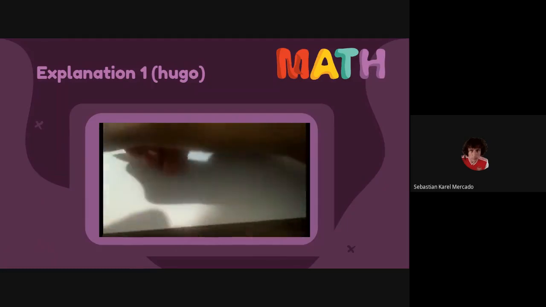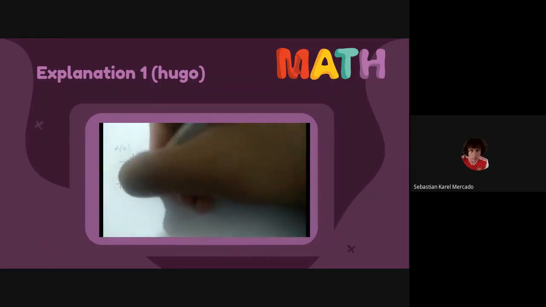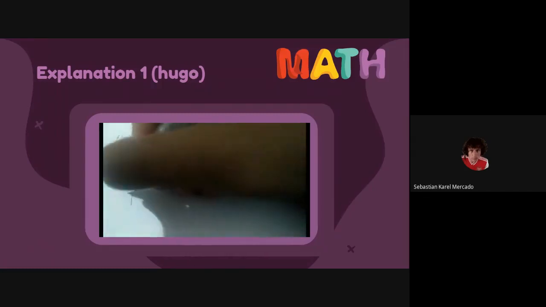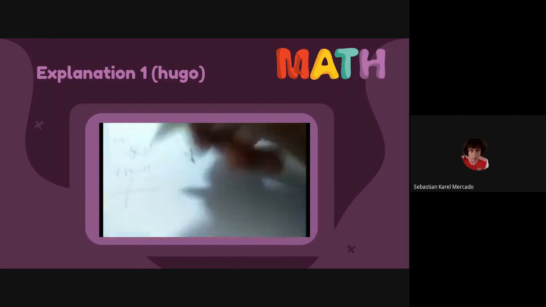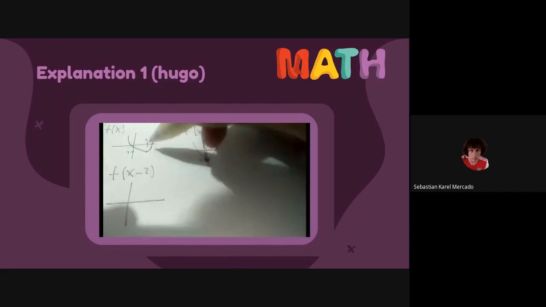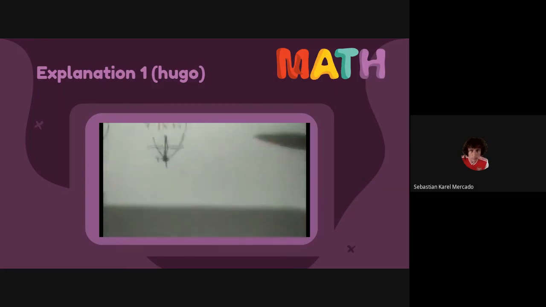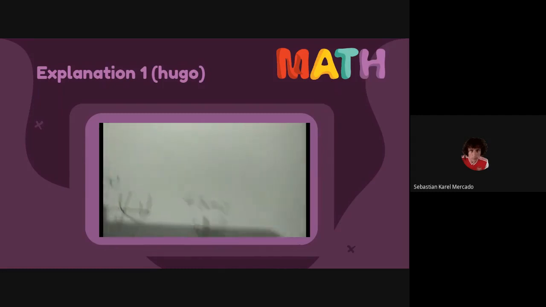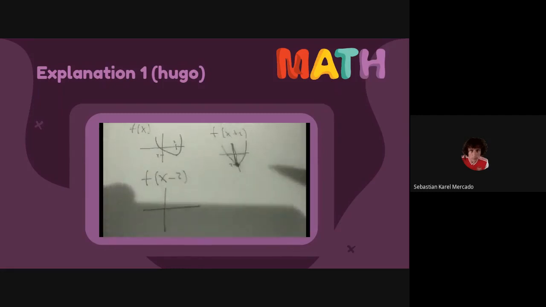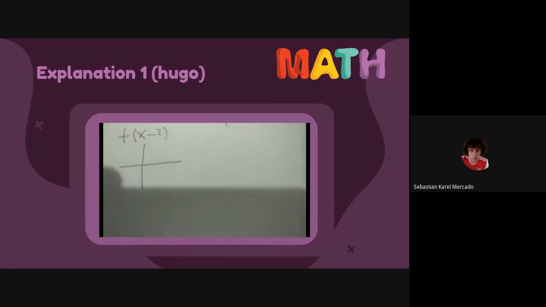And f(x - 2). On the first one, this is 2 and this is 2, and what I said before is that if you plus, it will go back 2, the x will be minus by 2, and if the sign here is minus, it will go forward by 2.